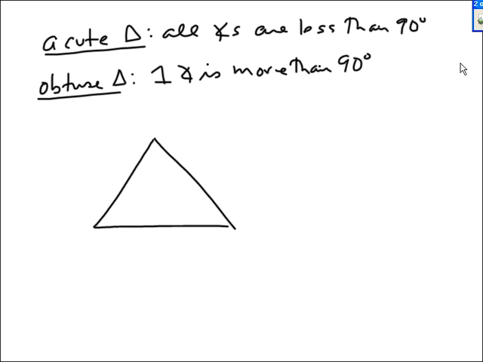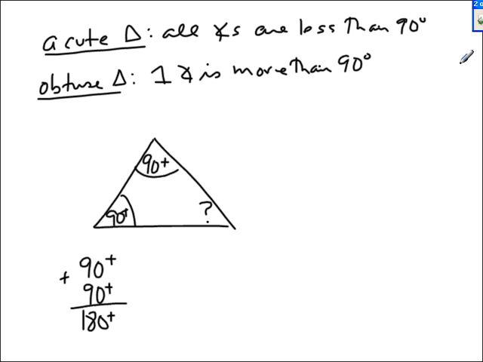Okay, whether this picture looks like it or not, let's suppose two angles are more than 90. Let this be 90 plus, meaning more than 90, and this be 90 plus. And this one, I don't really care about. Well, when you add the two angles that are more than 90, you're going to get more than 180. And then when you add the question mark, it'll be even more than 180.